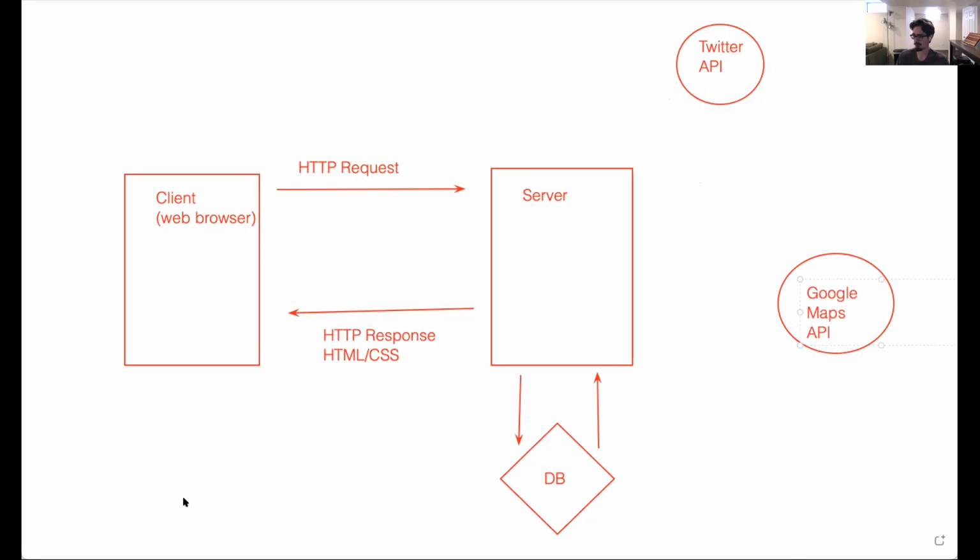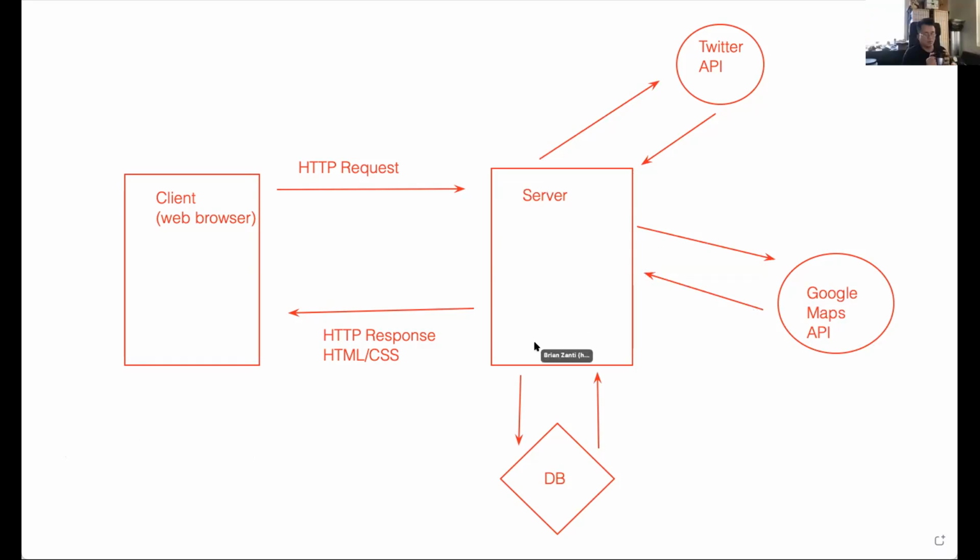Now our app is also going to communicate with those APIs to get some additional data. As you see me draw this out, you can see that it's very similar to interacting with the database. In the same way that our code interacts with a database to get some data, very similarly, we can interact with an API to get some data.